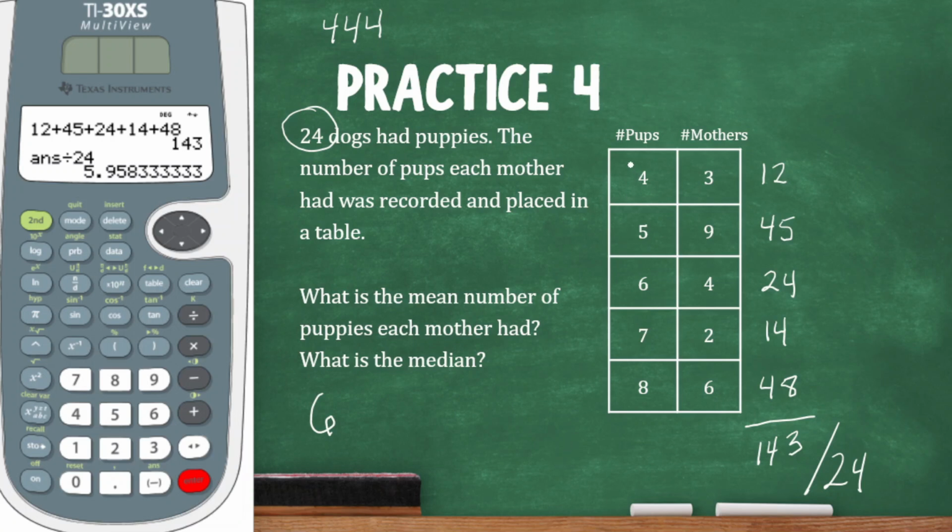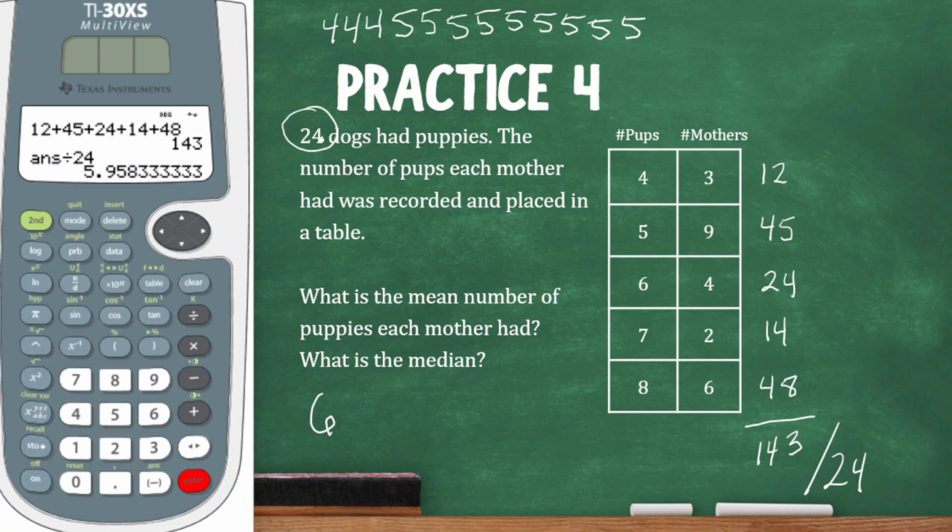This is a little bit different than just finding the middle number here, because there's actually 3 4s and 9 5s and 4 6s. There's 24 different numbers, so we want to find the middle number out of those. Now we could write all the numbers out here. So we have 9 5s, 1, 2, 3, 4, 5, 6, 7, 8, 9, and we could keep going.